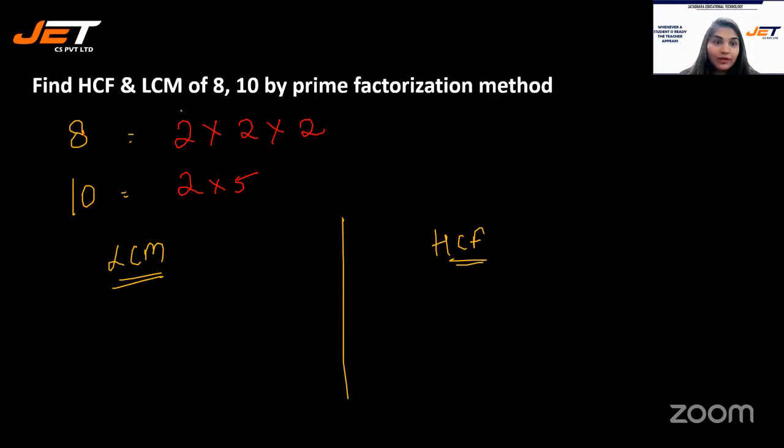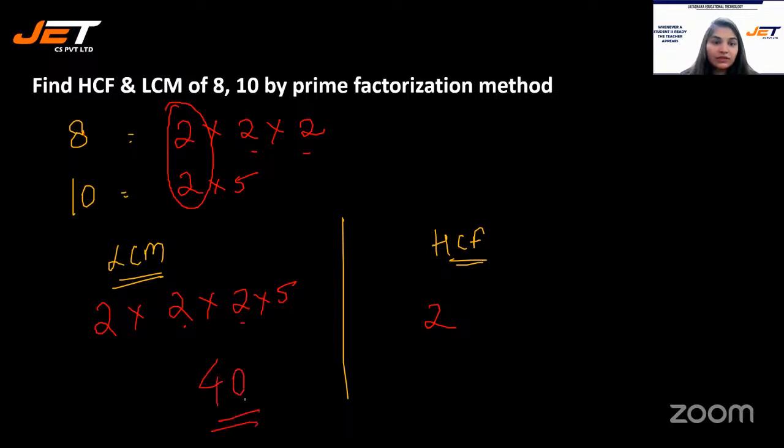Now LCM is here. 2 times 2 times 2 times 5. And I can make only one pair, which is present in both. So it's 2. Okay. LCM is 2 times 2 is 4. 4 times 2 is 8. 8 times 5 is 40.